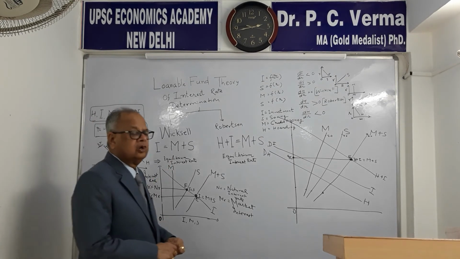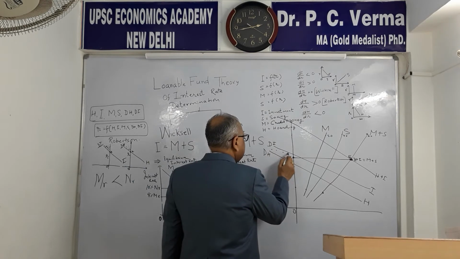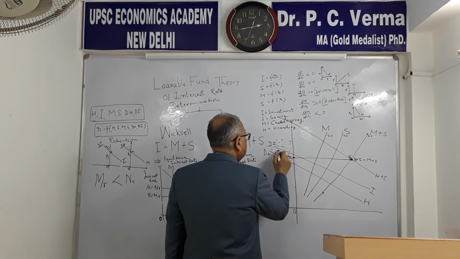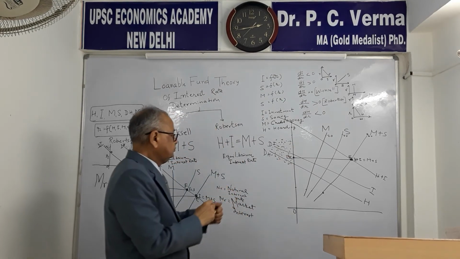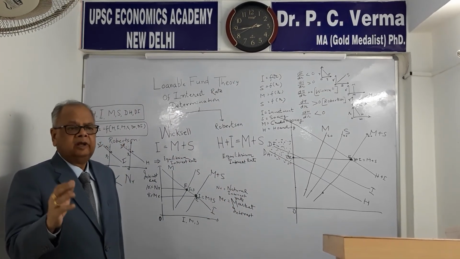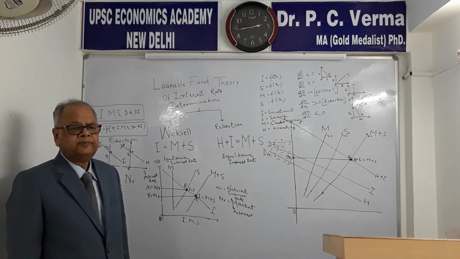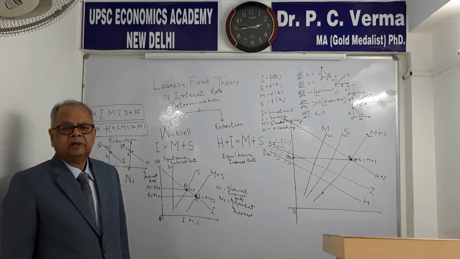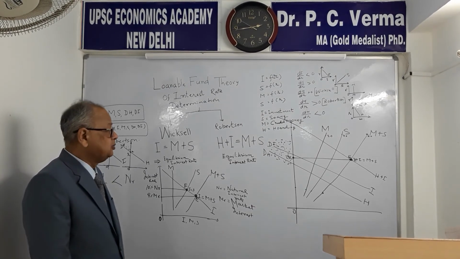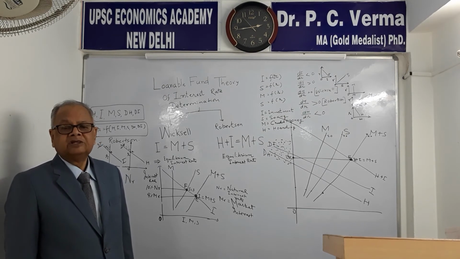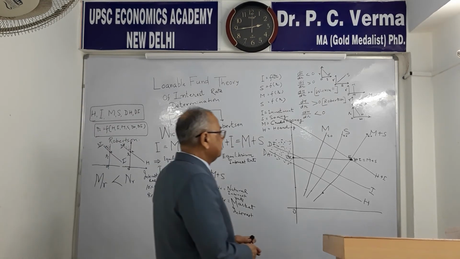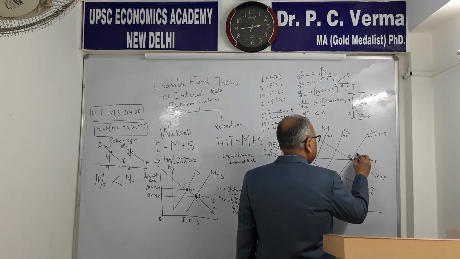The negative side is only shown for your conceptual understanding. This is the negative side. If this happens, there will be an effect upon the interest rate. Normally, positive thinking: H plus I equal to M plus S. This gives equilibrium.